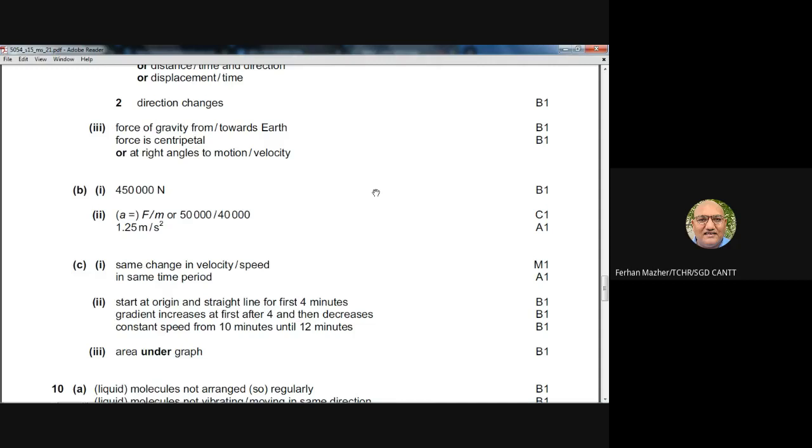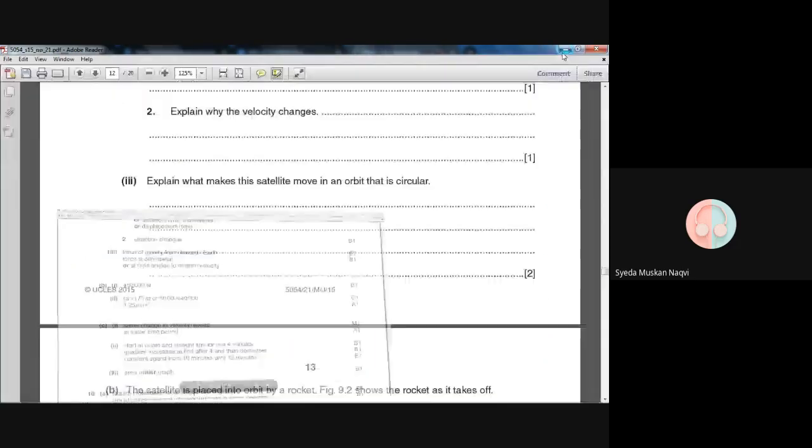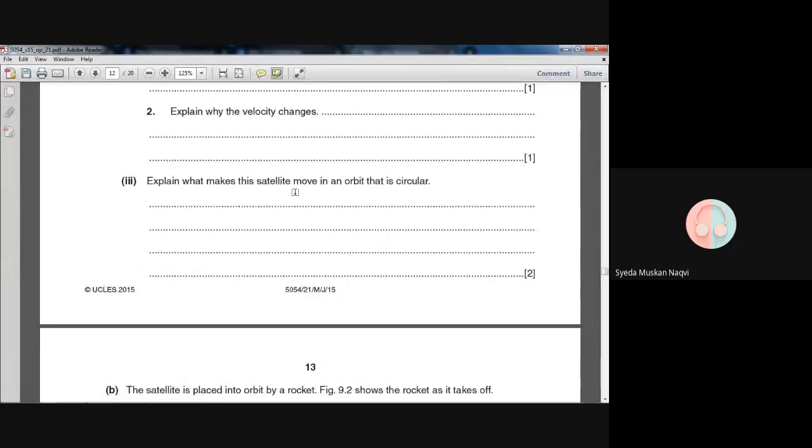One mark is for mentioning the gravity, and one mark is for mentioning that it's a centripetal force. Done, sir. I have written: when a satellite moves in a circular path, it needs centripetal force, which is provided by the gravitational force of the Earth. Very good. You get full 2 marks.